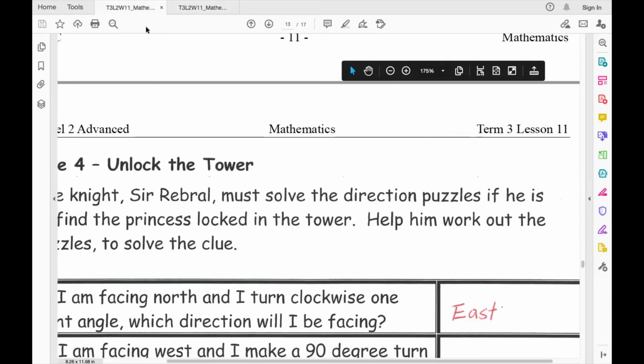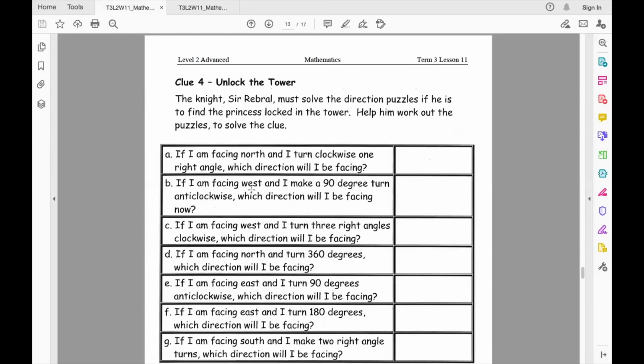Now let's do part B. So if I'm facing west, so I'm already starting with facing my left-hand side. So I'm facing the wall on the left-hand side, and I make a 90-degree anti-clockwise turn. Which direction will I be facing now?